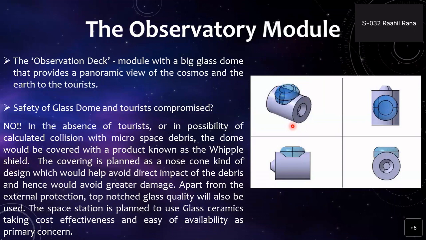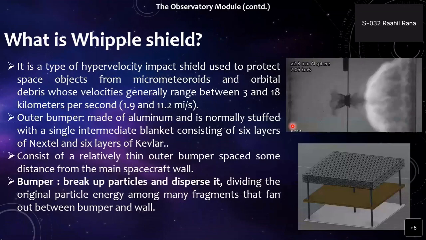It prevents micro debris from causing problems inside the module. And for the glass, we have thought of using glass ceramics, as they are cost effective and easily available, and they are the best in thermal insulation. Not the strongest, but strong with respect to cost effectiveness and ease of availability.